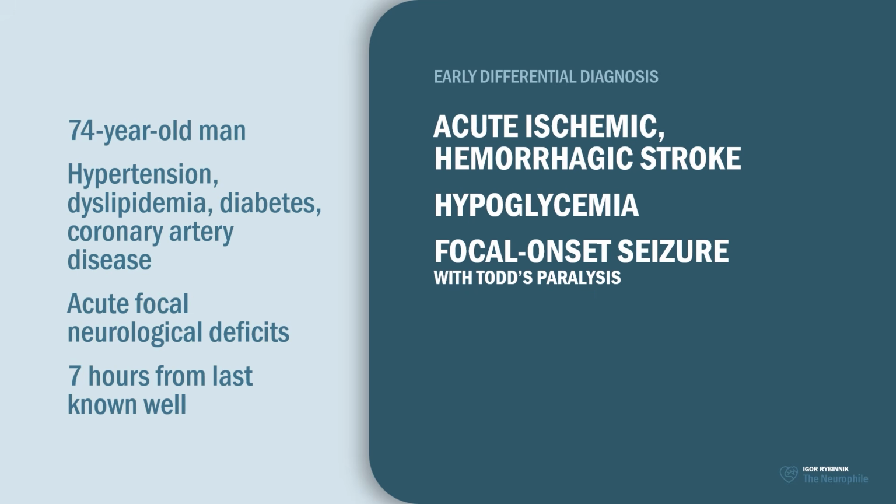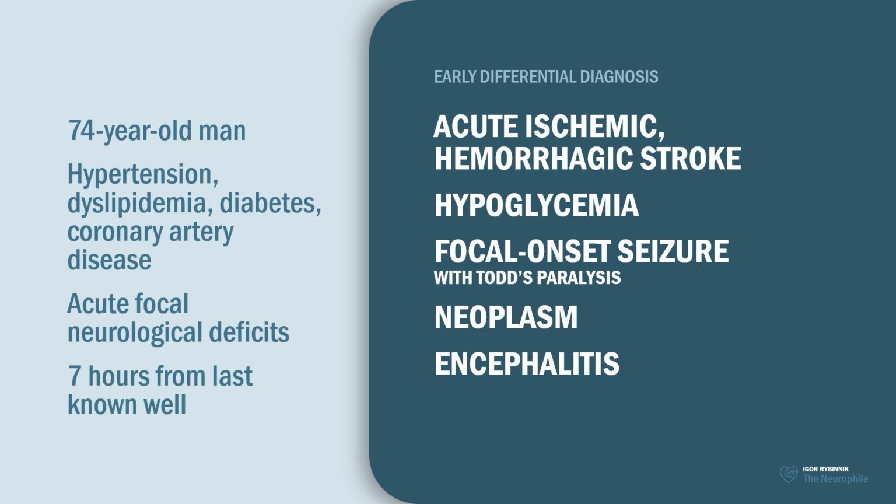Todd's paralysis refers to a phenomenon where cortical neurons are exhausted by a seizure and temporarily cannot initiate action. It usually presents as a weakness, but depending on the seizure origin, it can be aphasia, visual disturbances, etc. Neoplasms. Yes, intracranial tumors can and do present acutely when surrounding edema reaches critical levels, tumor hemorrhages, or when tumor causes a seizure.